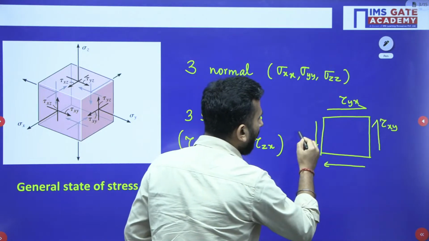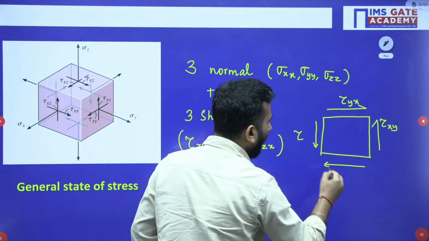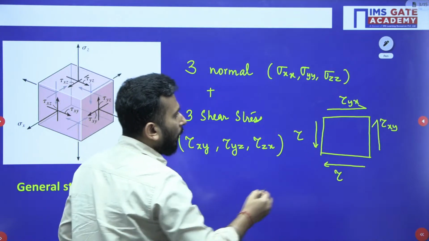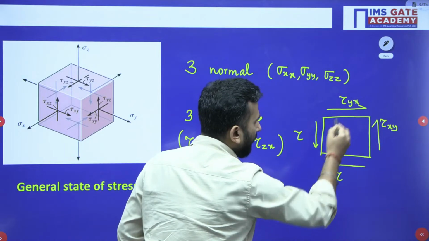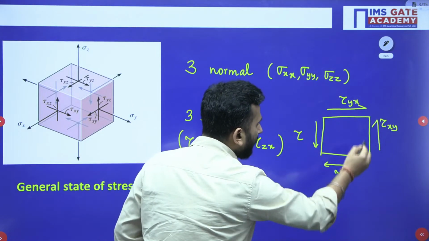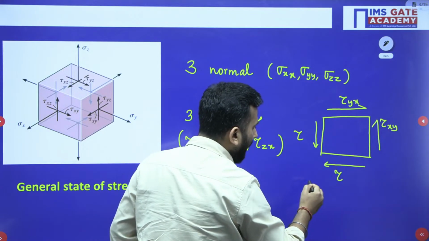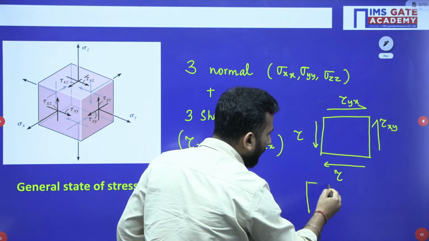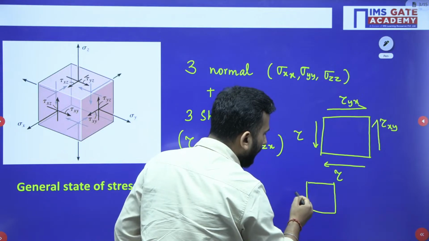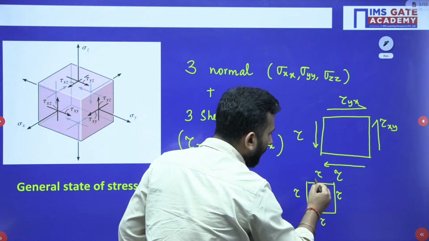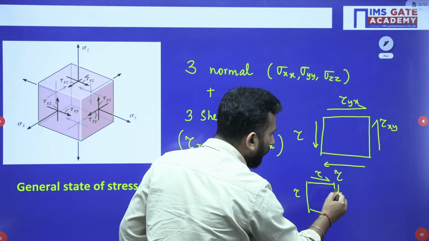So again this is one tau and this is one tau. All these 4 stresses will be equal. That means ultimately this is also tau, this is also tau, this is also tau, this is also tau. Something like this we are talking about.